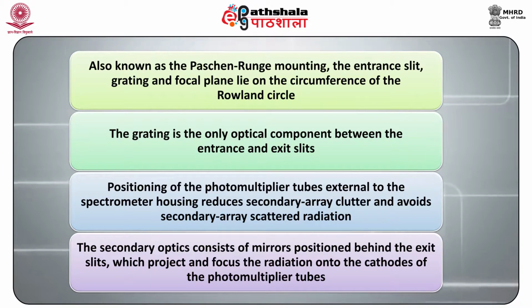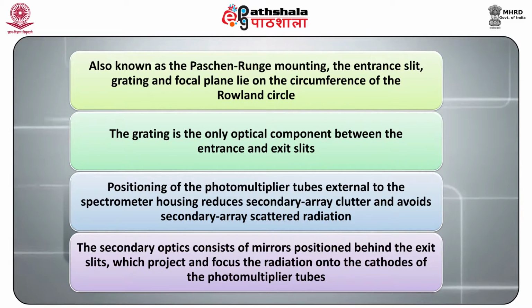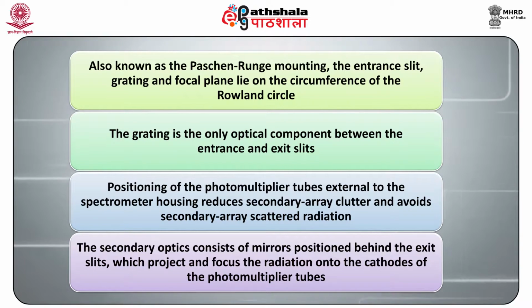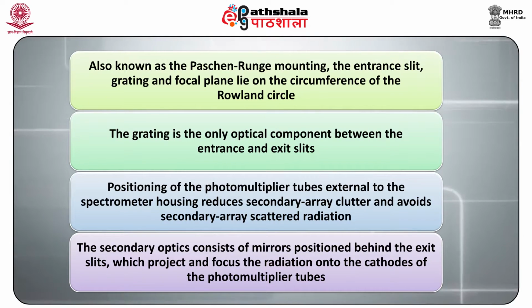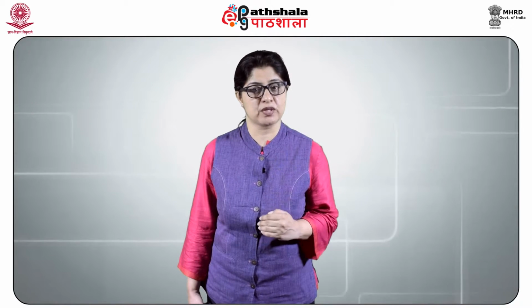Positioning of the photomultiplier tubes external to the spectrometer housing reduces secondary array clutter and avoids secondary array scattered radiation. The secondary optics consist of mirrors positioned behind the exit slits which project and focus the radiation onto the cathodes of the photomultiplier tubes. For most determinations, only one array of slits is used.